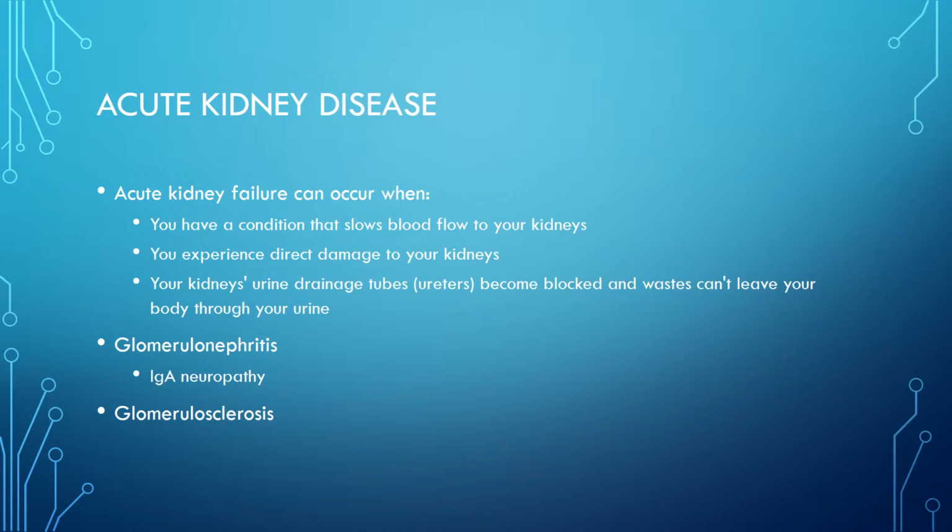A result of acute kidney disease can be glomerulonephritis, which is characterized by the inflammation of either the glomeruli or the small blood vessels within the kidneys. But not all the diseases necessarily have an inflammatory component. A good example of this is IgA nephropathy.